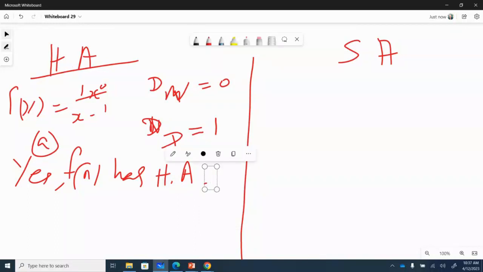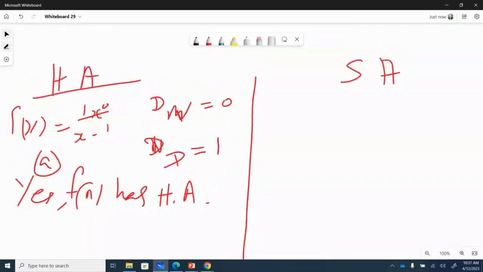And that horizontal asymptote will be y equal to 0. There is a horizontal asymptote, and the horizontal asymptote is y equal to 0.